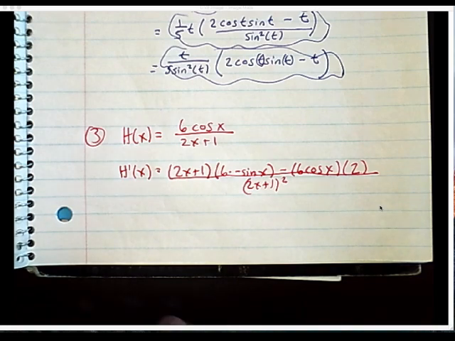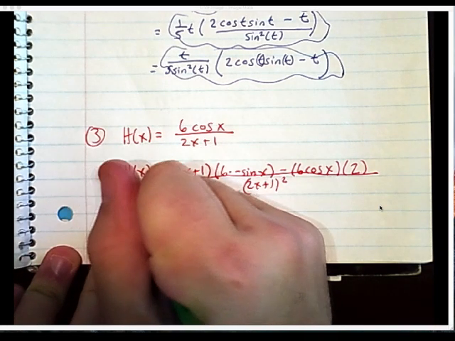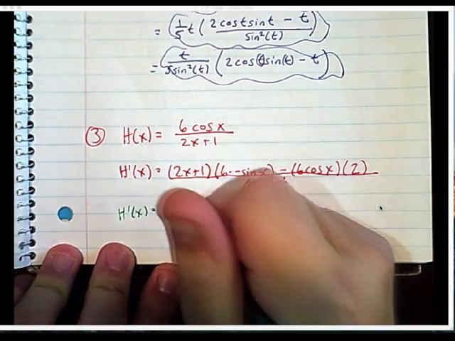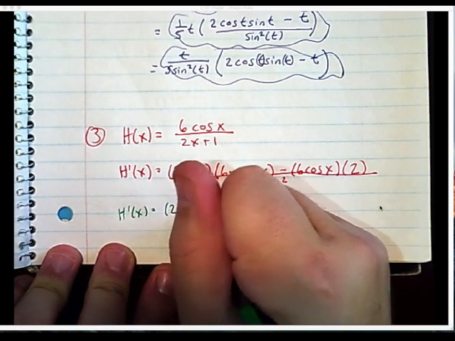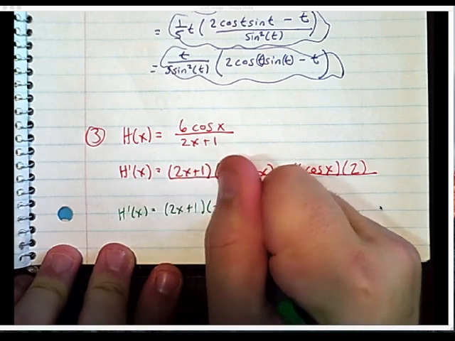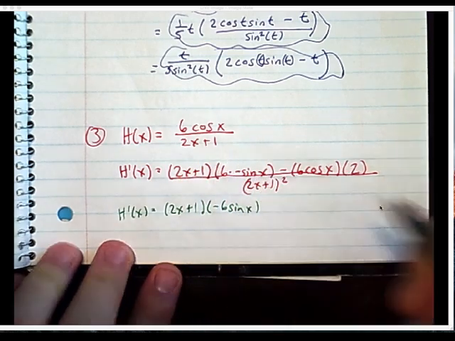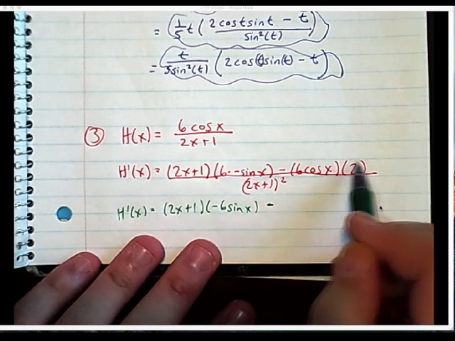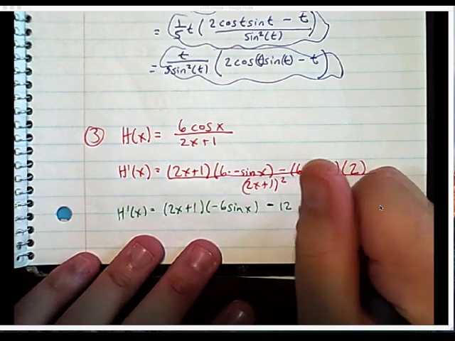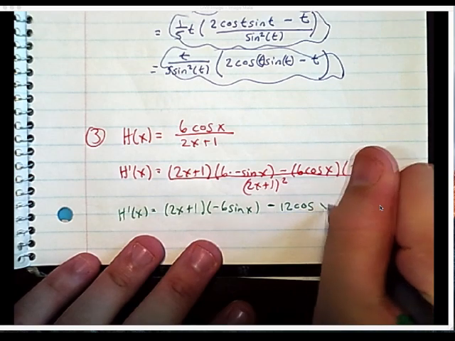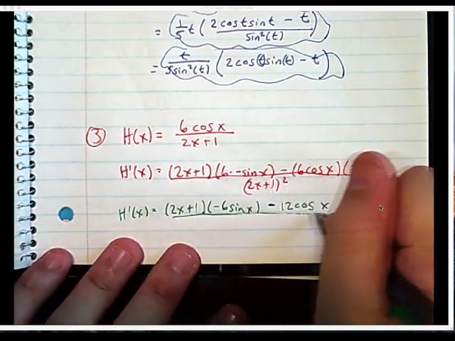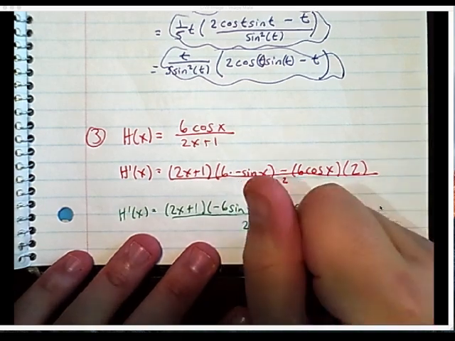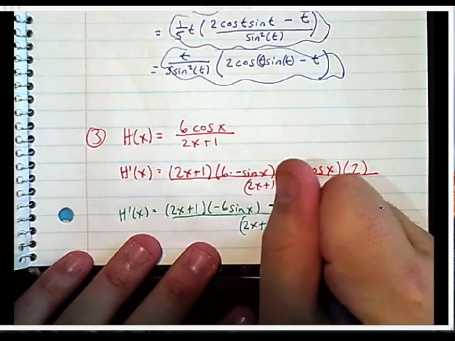If you simplify it a little bit and see what happens. So I have 2x plus 1 times negative 6 sine of x, okay, minus, if I multiply this times this, I get 12 cosine of x, all over 2x plus 1 squared.